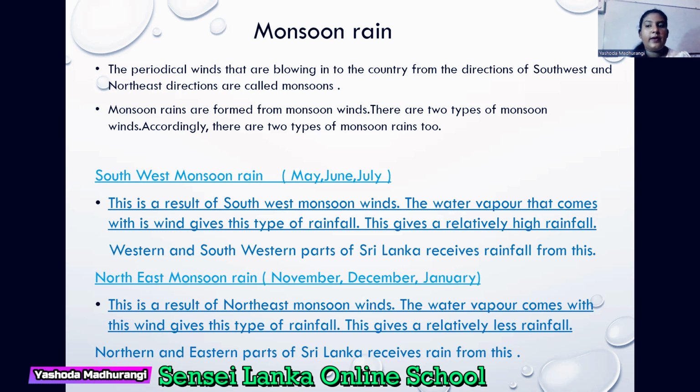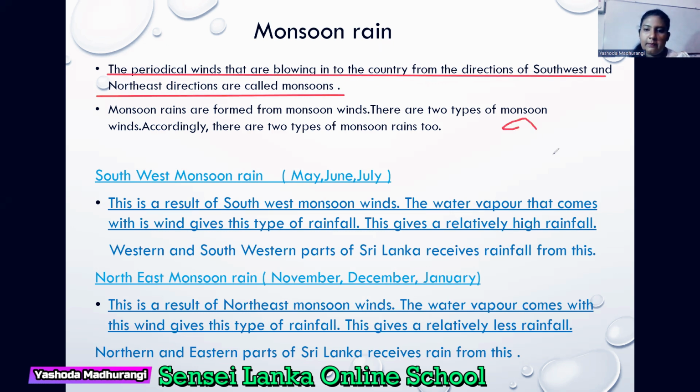It is a kind of rain. The periodical winds that are blowing into the country from the directions of southwest and northeast are called monsoons.